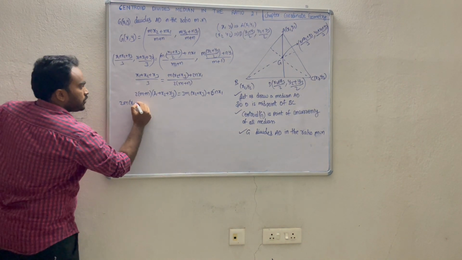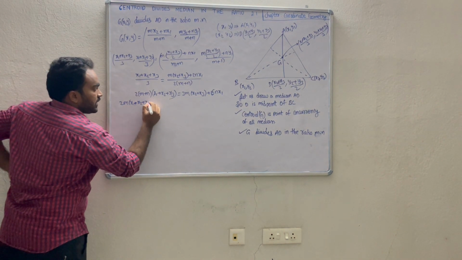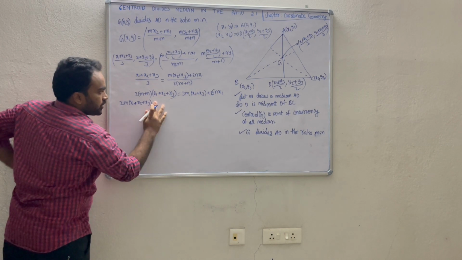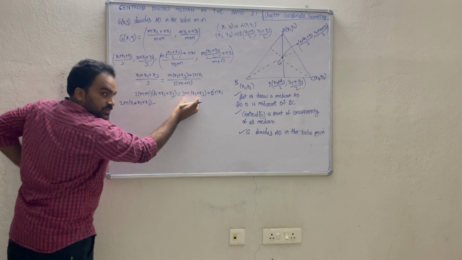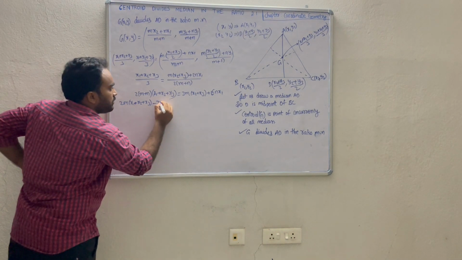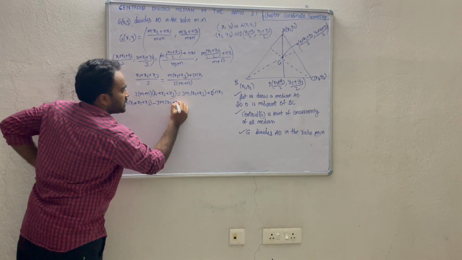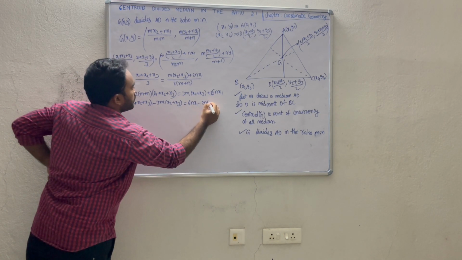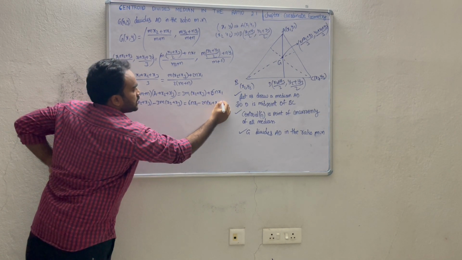So 2m into (x1 plus x2 plus x3) minus 3m into (x2 plus x3) is equal to 6n x1 minus 2n into (x1 plus x2 plus x3).